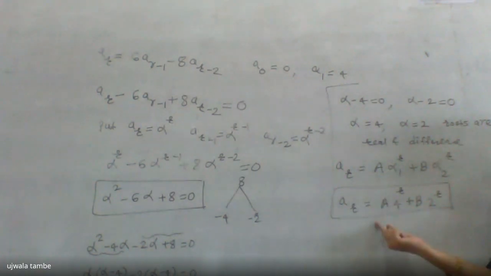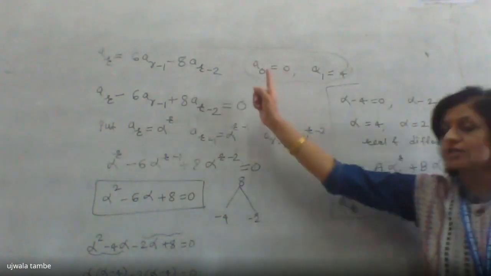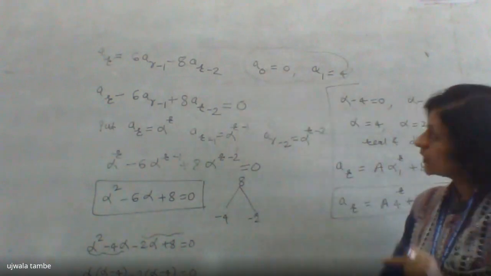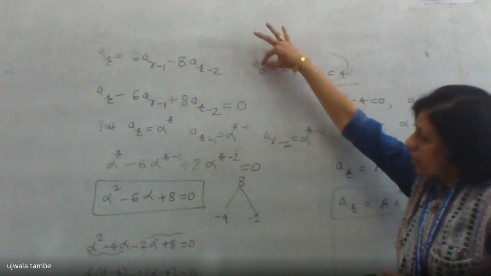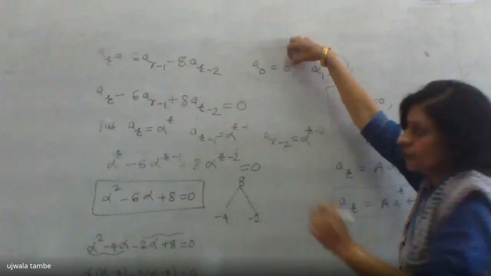To find the values of the arbitrary constants a and b, use the initial conditions. Here the initial conditions are a0 is 0 and a1 is 4. First put r is equal to 0. The first initial condition is a0 is equal to 0.